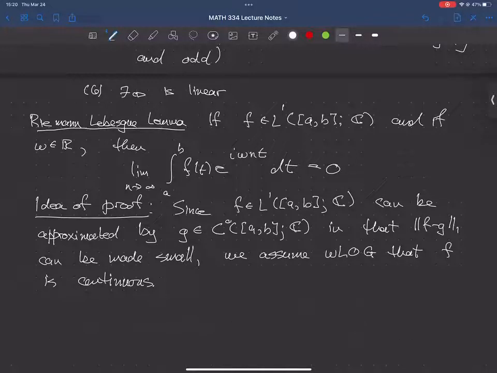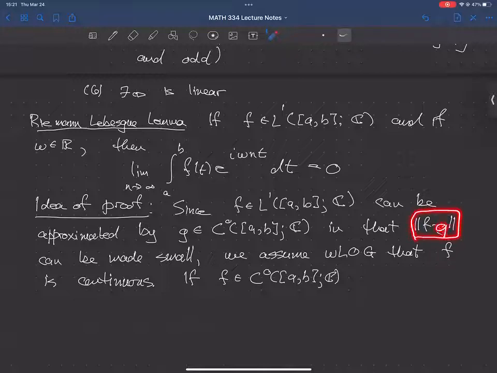Now I'm going to make another reduction. So if f is continuous, okay, and so by the way, just to make sure we understand why this is true, why can I make this small? Given an f in L1, why can I find a continuous g so that that's true?